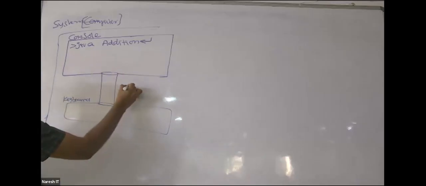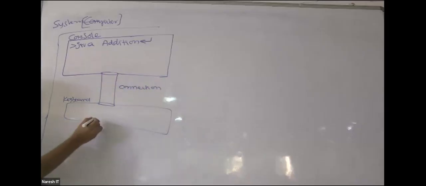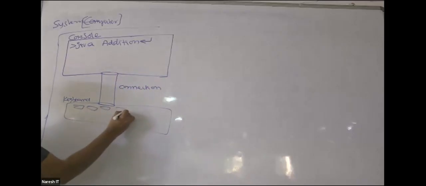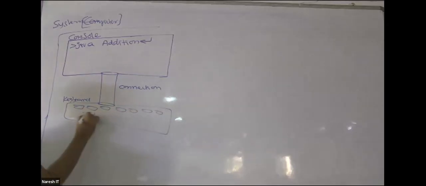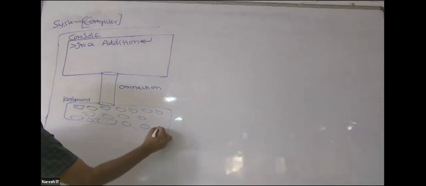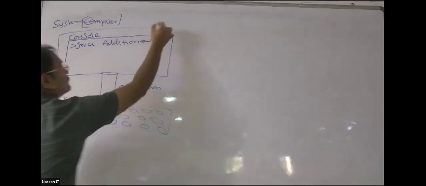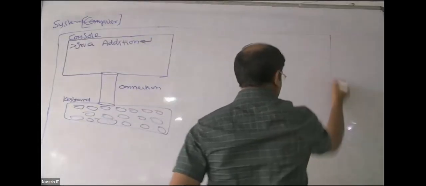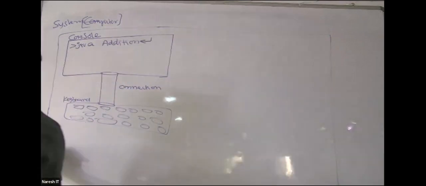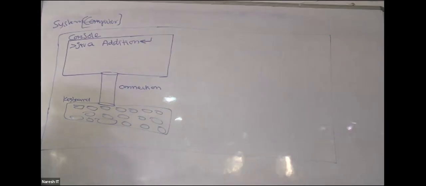This is the keyboard. Assume all these are buttons, keys. This everything is your system. Is it clear?